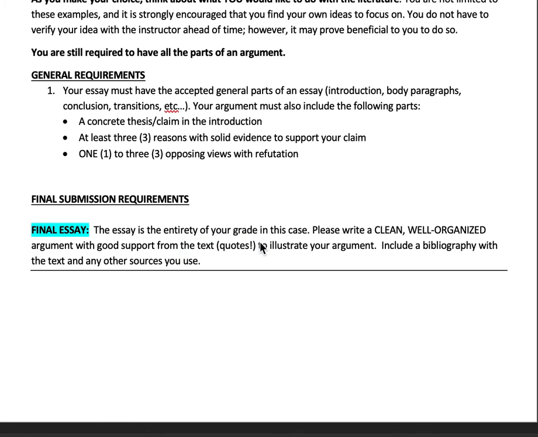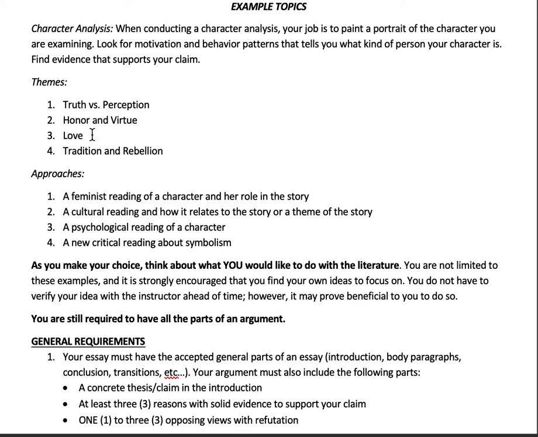So you need to pull in specific quotes from the text that show your audience what you're talking about. So if you're telling me that, say, the idea of truth is relative, there's no such thing as truth, you need to pull in quotes from specific areas of the text that show me as the audience that truth is not real.